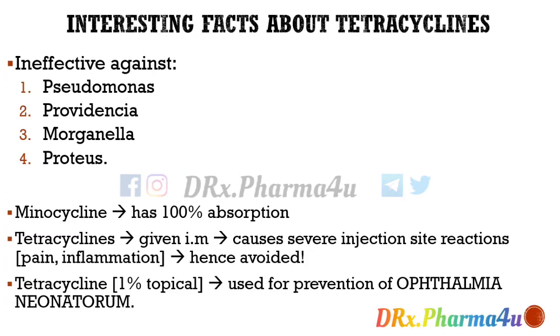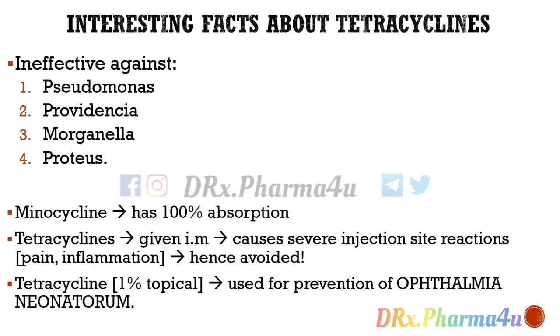Pseudomonas aeruginosa, Providencia rettgeri, Morganella morganii, and Proteus species. We have Proteus mirabilis, which is a causative factor for UTI as well. These are very, very common infections, especially Pseudomonas.